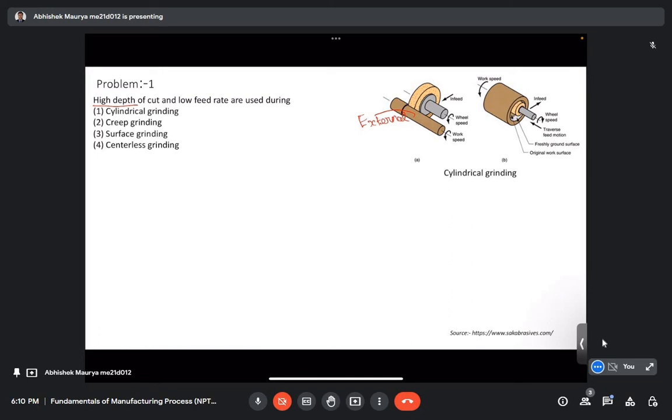Similarly, we have internal grinding also, internal cylindrical grinding. Here this is the grinding wheel, and here this is the grinding wheel.